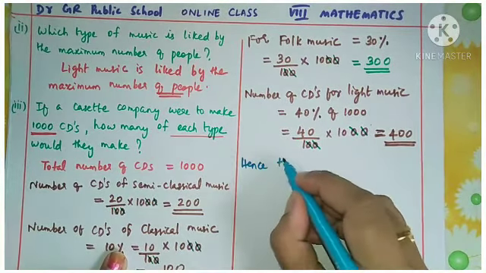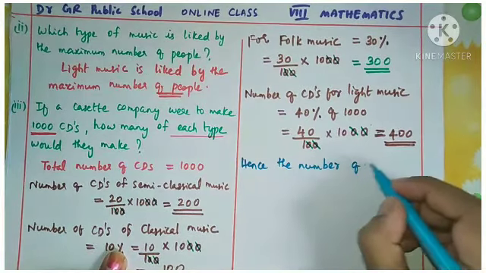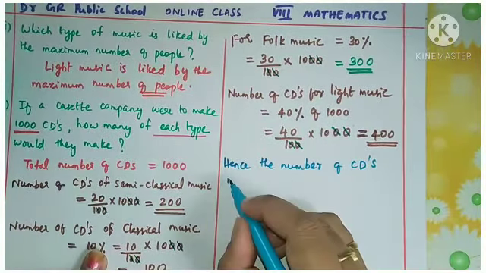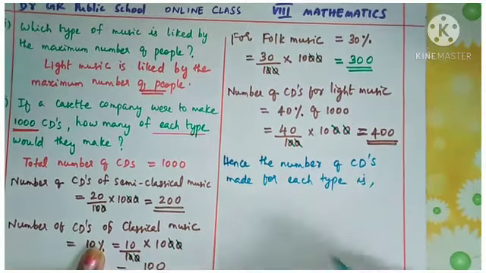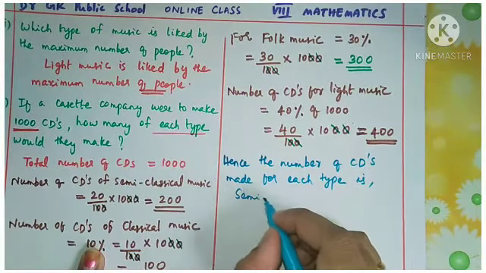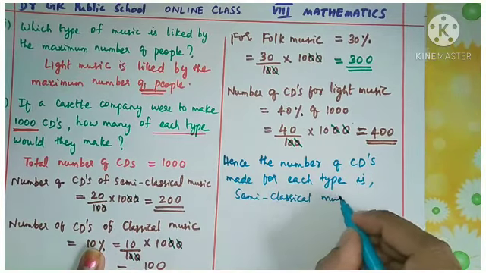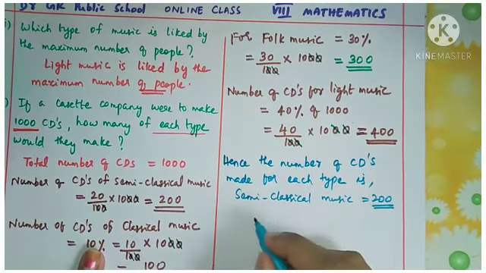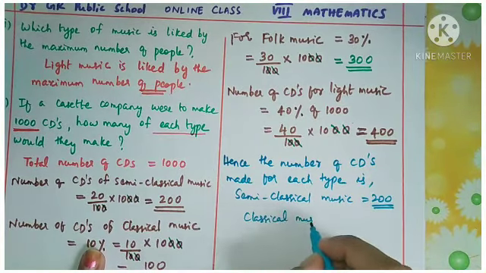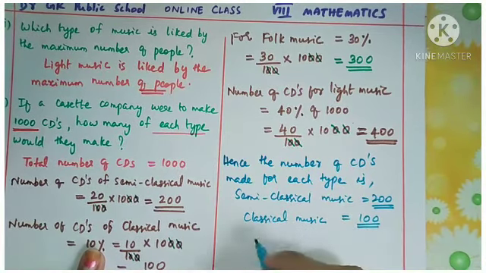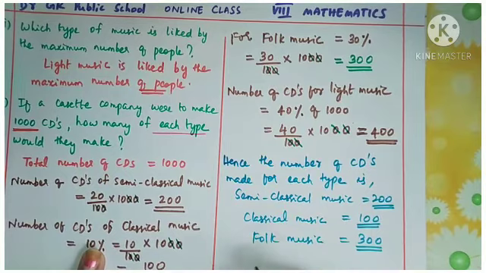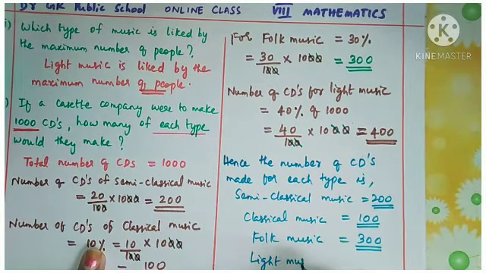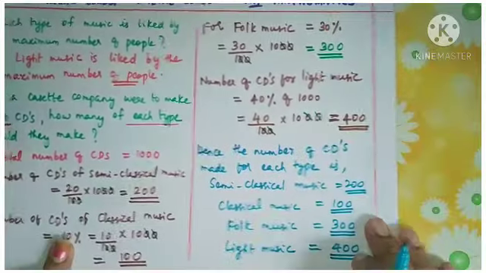Hence, the number of CDs made for each type is, we can write one by one: semi-classical music 200 CDs, classical music 100 CDs, folk music 300 CDs, and light music 400 CDs. That is the final answer of the question.